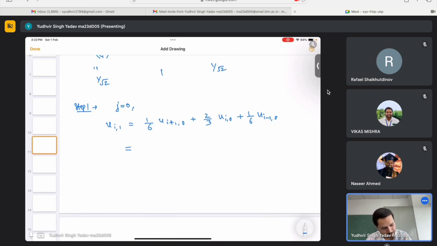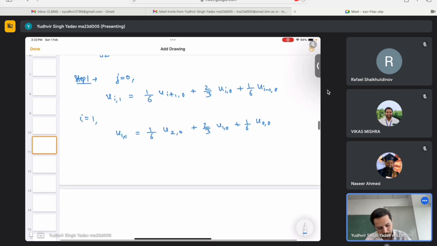Say this equation is 2. Now at this time step, we can change the values of i. So we will start from i equals to 1. So it is u 1 comma 1 equals 1 by 6 u 2 comma 0 plus 2 by 3 u 1 comma 0 plus 1 by 6 u 0 comma 0.